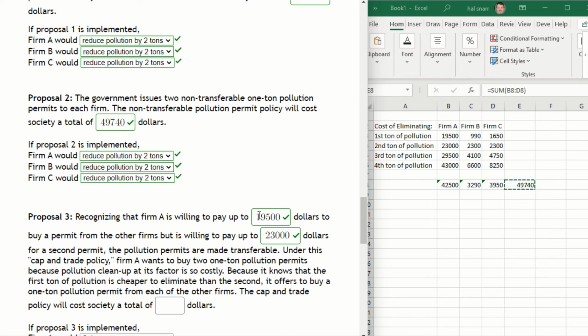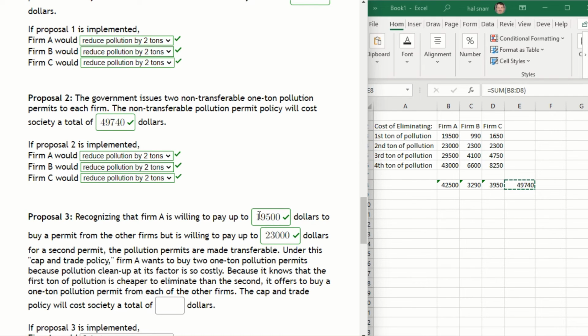But then they can sell a permit to A each. So it allows them to demonstrate that they're really aggressive at reducing pollution, and at the same time, they're selling a permit to firm A. Okay, so firm A wants to buy 2 1-ton pollution permits.